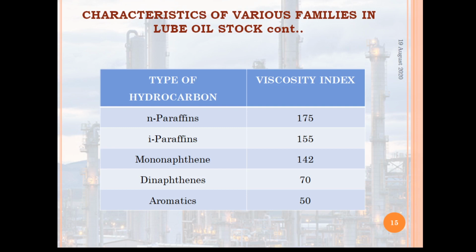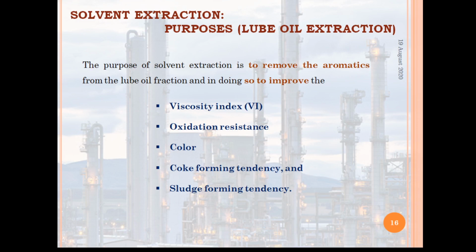The straight chain paraffins have 175, then isoparaffins reduce it to 155, then mononaphthenes 142, then dinaphthenes 70, and aromatics 50.